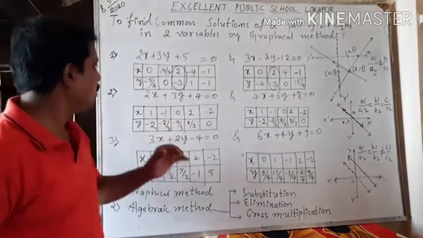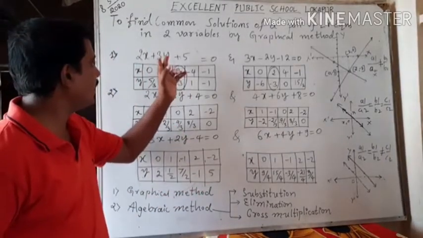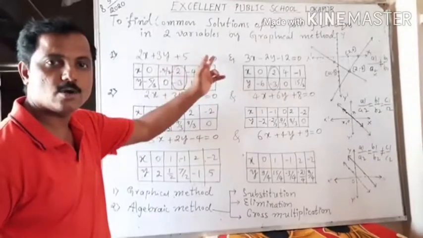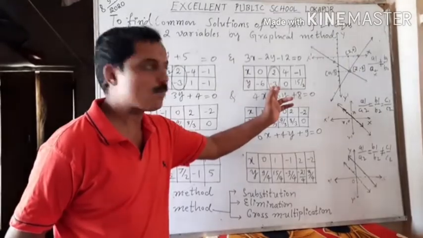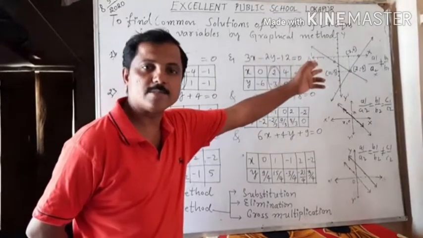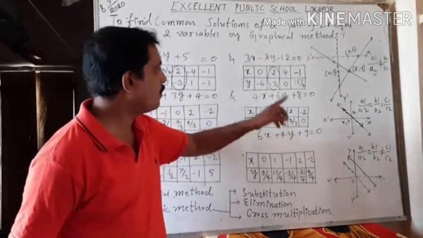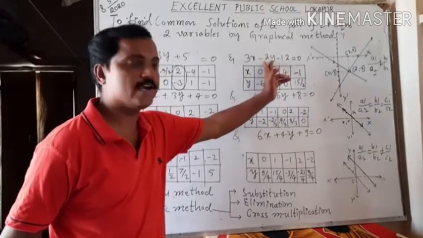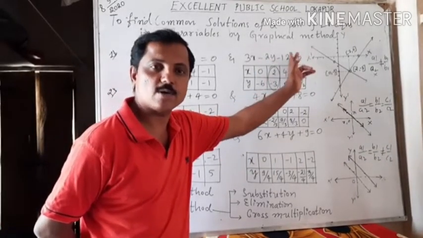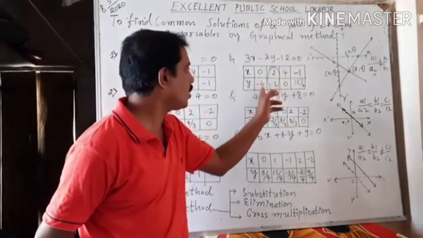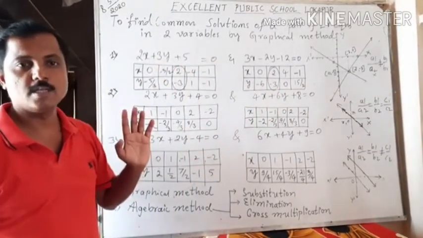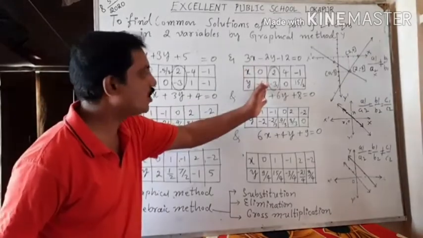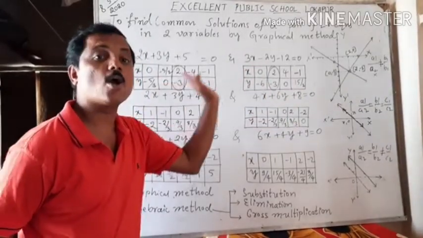If you put this (2, -3) here, left hand side becomes equal to right hand side. The same (2, -3) for x and y, if you put here, left hand side becomes equal to right hand side. But if you put (0, -6) here, LHS becomes equal to RHS for this equation. But if you put (0, -6) in the other equation, LHS does not become equal to RHS. That is why (0, -6) is not the common solution.